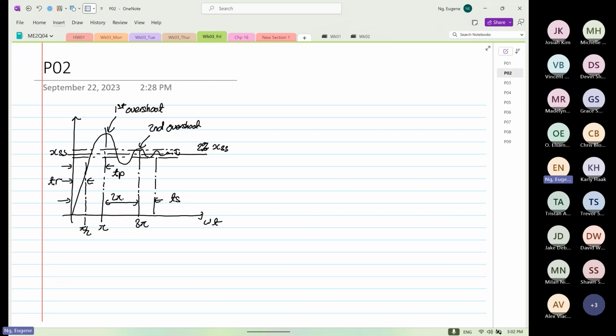And then the next thing is your boundary condition. Omega t is equal to 0, x is equal to 0. Okay, that is your boundary condition, right? So what we are going to calculate based on the question is our rise time.